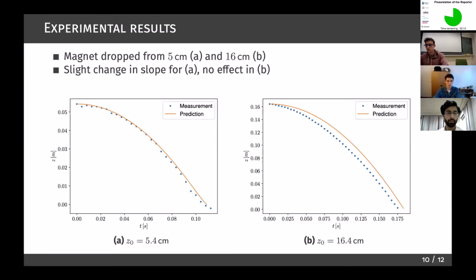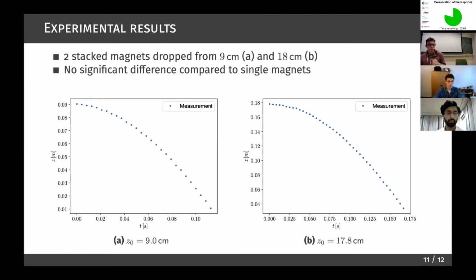And these two graphs are for dropping just a single magnet on the previously described plate. Now we repeated these measurements, this time stacking 2 magnets on top of each other.